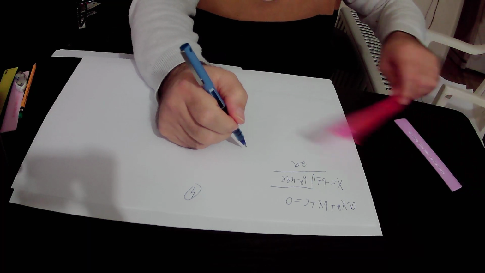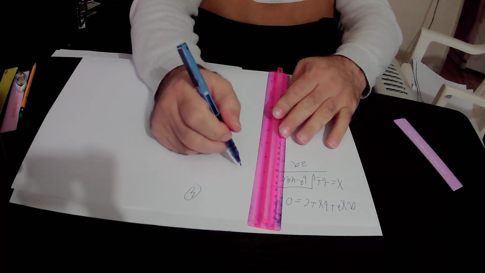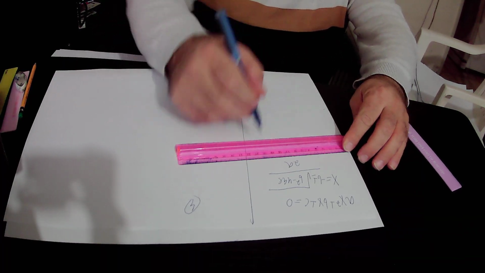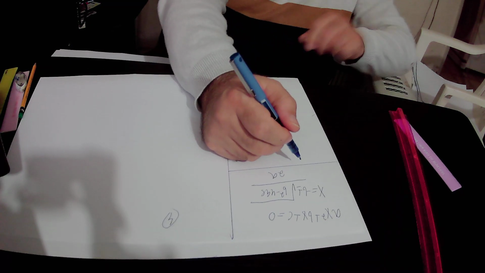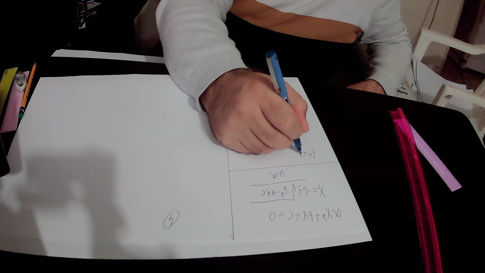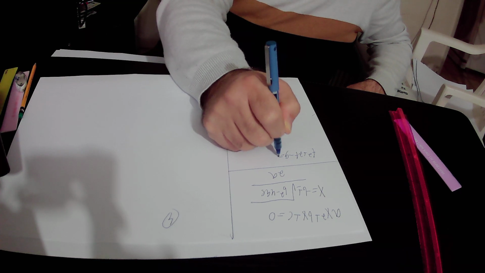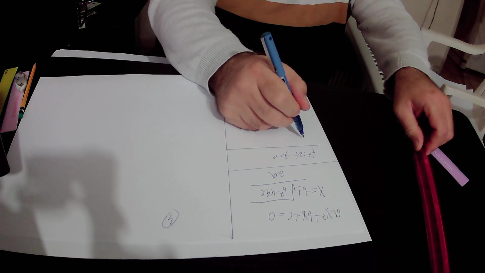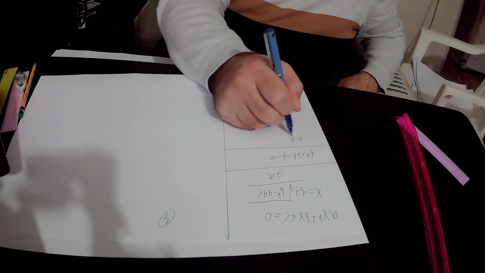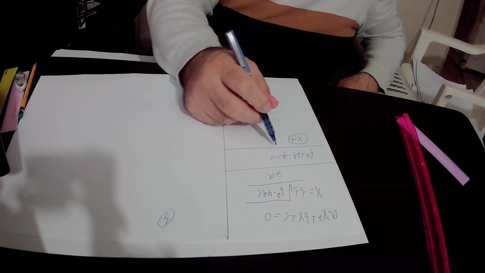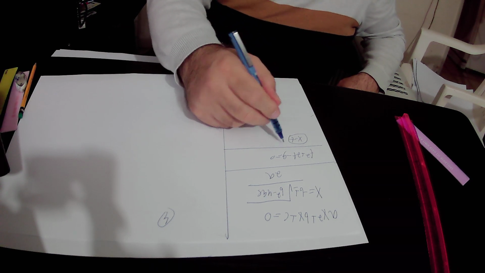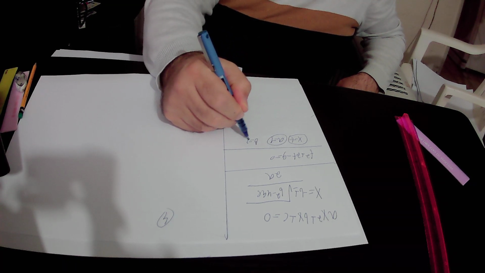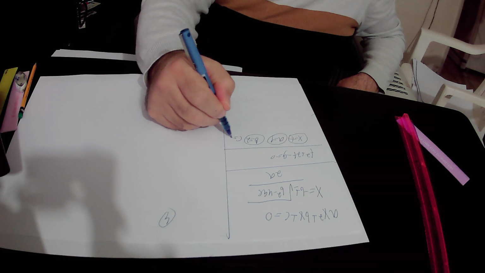Okay, and in our specific quadratic equation, t squared plus 2t minus 9 equals 0, the variable that we are looking for is t, so x equals t, and the coefficients of this quadratic equation are as follows: a equals 1, b equals 2, and c equals minus 9.